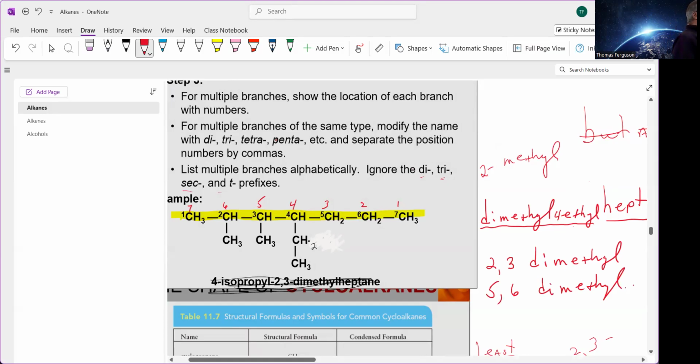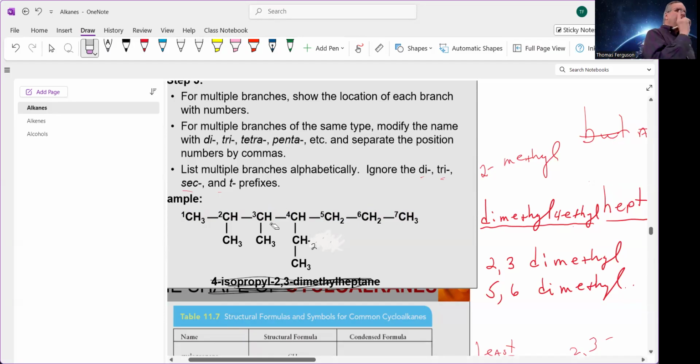Now, from what I said in the past, which do you think we're going to use? 2,3, because it's lower. So that means the red numbering gives us the poorest name. Now, on a test, if I said to name this guy, and you said 5,6-dimethyl 4-ethyl heptane, I would ding you 1 point.